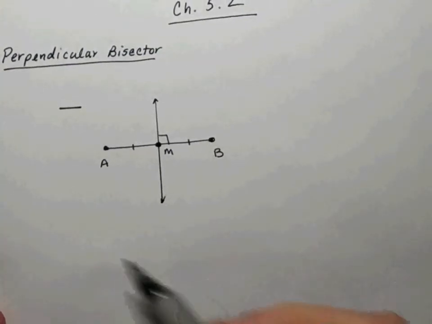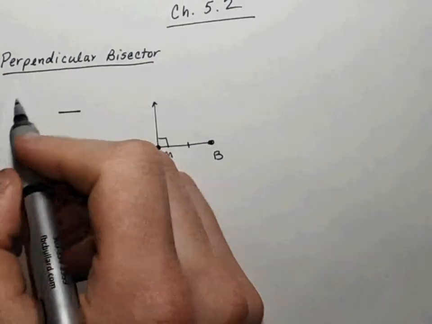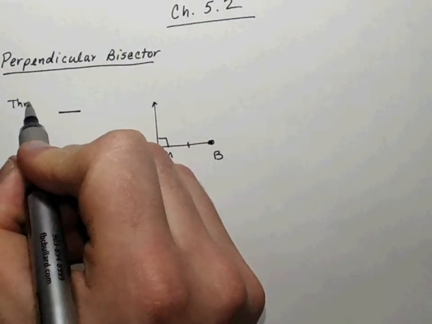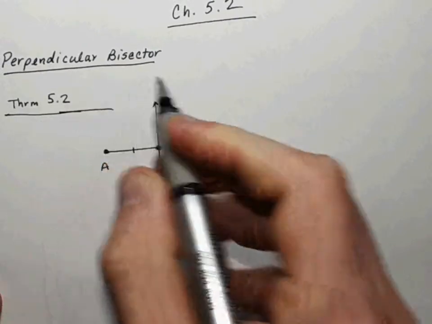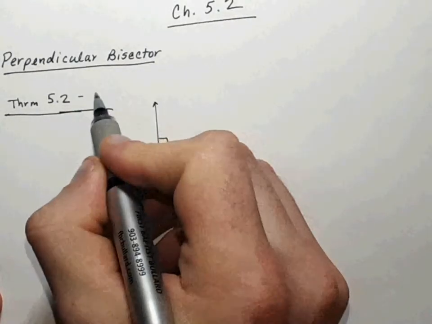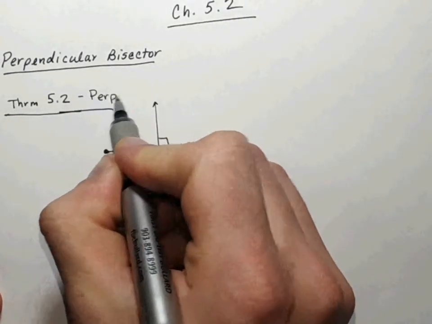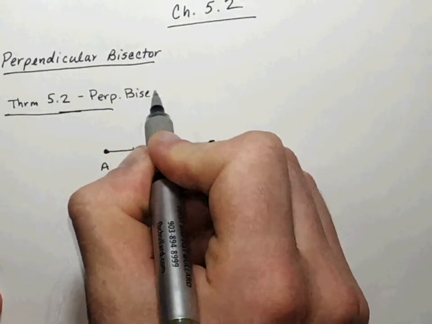Now we have a couple of theorems that we're going to talk about. Theorem 5.2 is called the perpendicular bisector theorem.